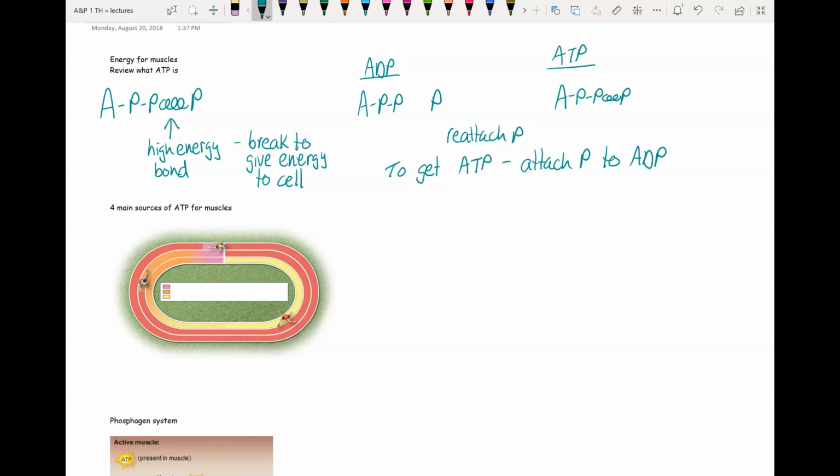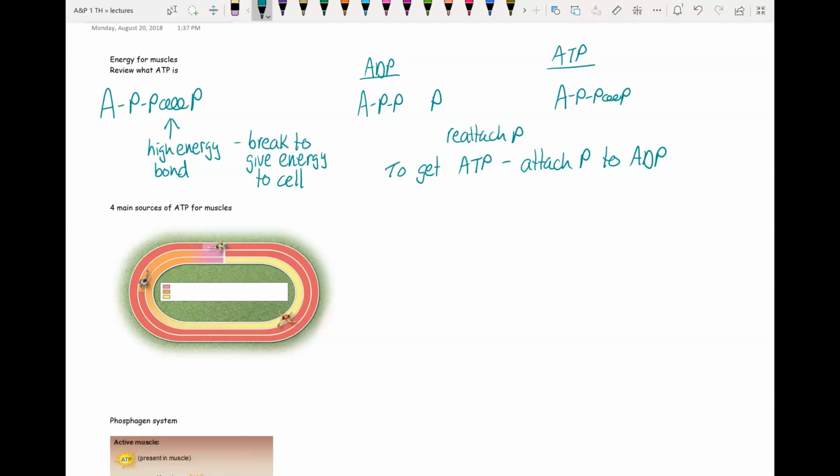In Chapter 3, you learned about aerobic cellular respiration, where you do glycolysis, then the pyruvates enter the mitochondria, you do Krebs and electron transport, and you attach the P to the ADP. You also learned about fermentation, when you go into oxygen debt and the mitochondria shuts down and you just do glycolysis. So you already know 2 methods.